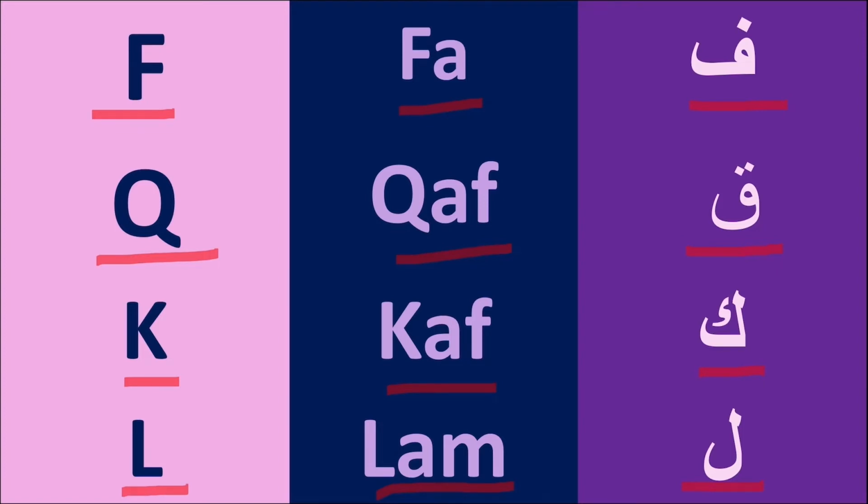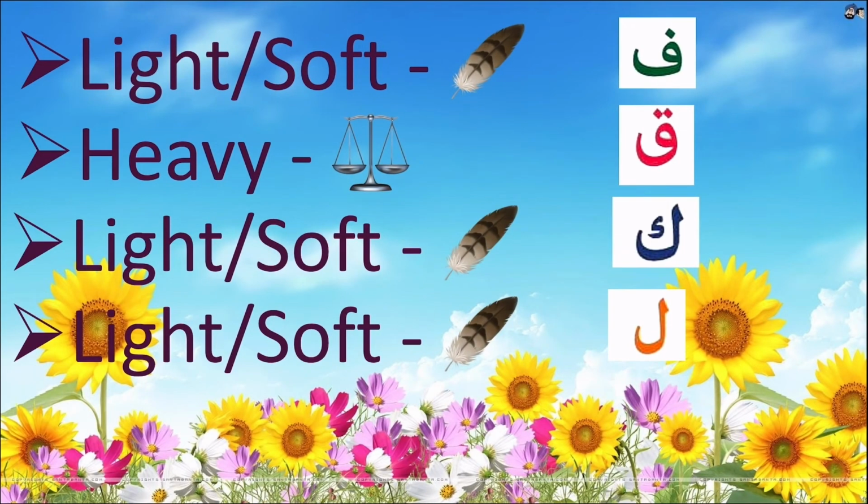Let's see the dots. Fa has one dot up. Kaf has two dots up. Kaf and lam do not have any dot. Fa is a light, soft letter and we pronounce it the same way we pronounce apple.